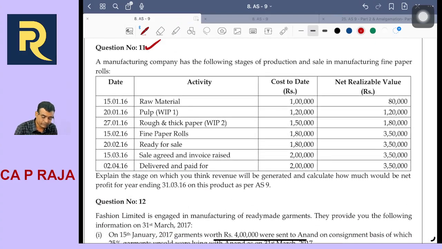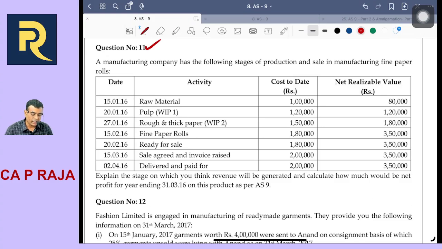Question number 11. A manufacturing company has the following stages of production and sale in manufacturing of fine paper rolls. 15/1/2016 raw material cost. 21/1/2016 WIP. 27/1/2016 rough and thick papers. 15/2/2016 fine paper roll. 21/2/2016 ready for sale. 15/3/2016 sale agreed and invoice raised. 2/4/16 delivery and paid.